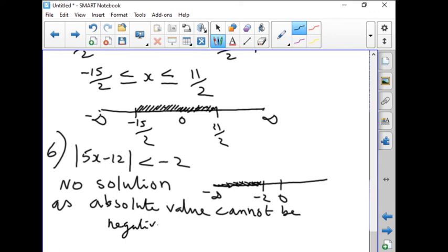The number line, just for your understanding, I have shown you. You need not do it in your test. Just for your understanding, I have done. So this has no solution as absolute value cannot be negative.